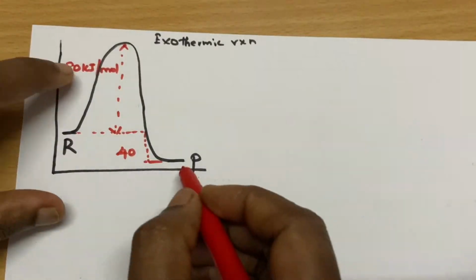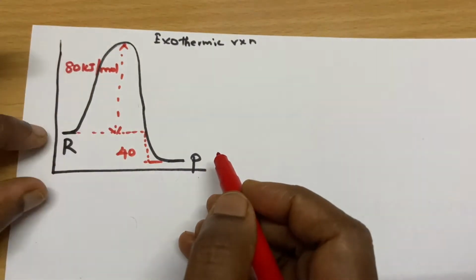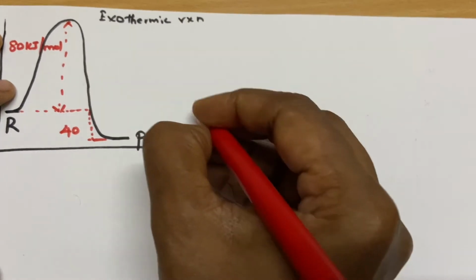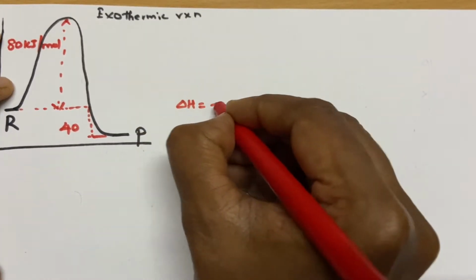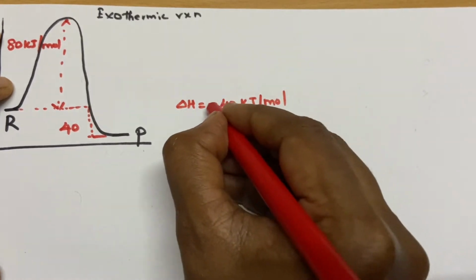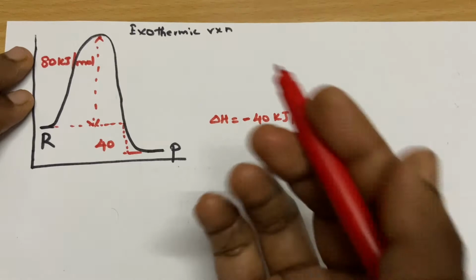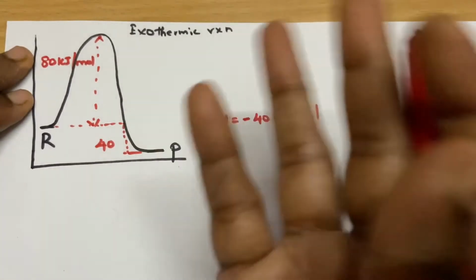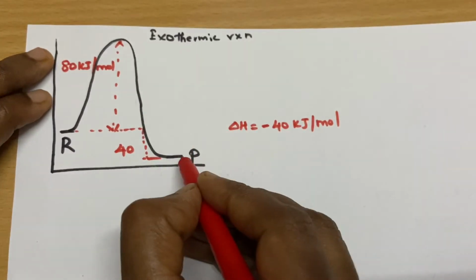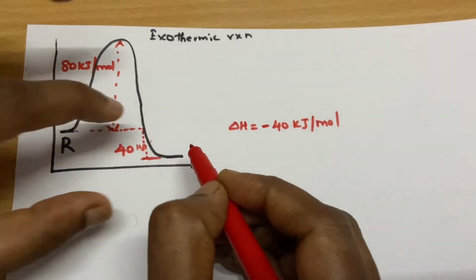Okay, so the product is 40 kilojoules per mole lesser than the reactant. See, del H is equal to minus 40 kilojoules per mole. That means negative means liberated. So nothing to do with the sign. It says that the energy has been liberated. It's an exothermic reaction. So the product is 40 kilojoules per mole lesser than the reactant. So this is the height.